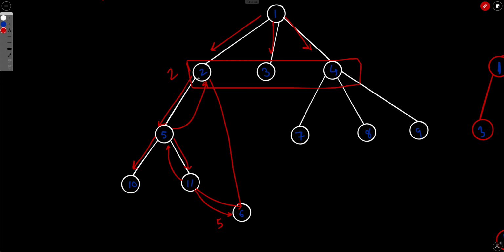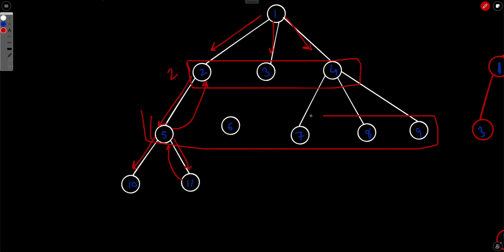Similarly, if you make sure that before visiting 5 you visit every child of 2, 3 and 4, then you will not have these cases. Basically you will ignore this case, and 6 would be visited just after this, right? And because 6 is visited just after this, you will form a valid next group.